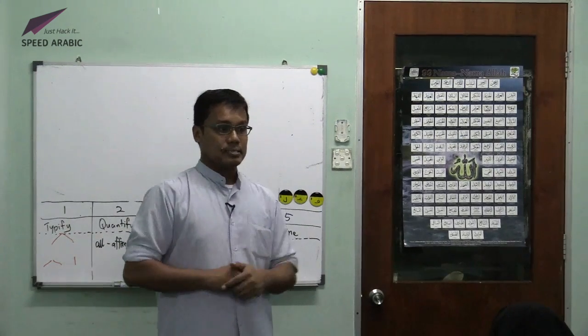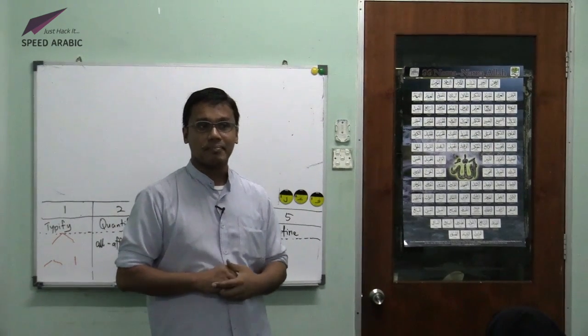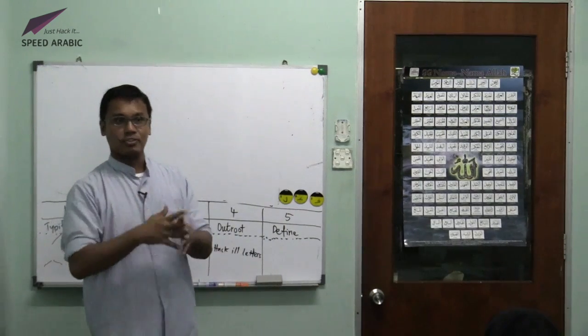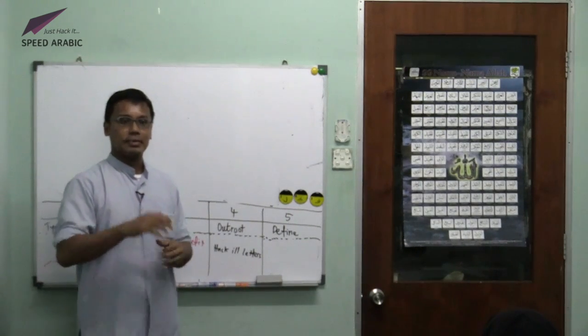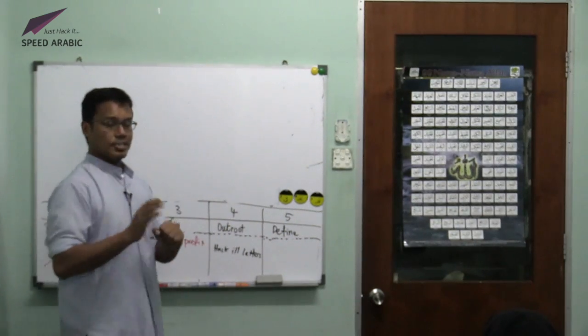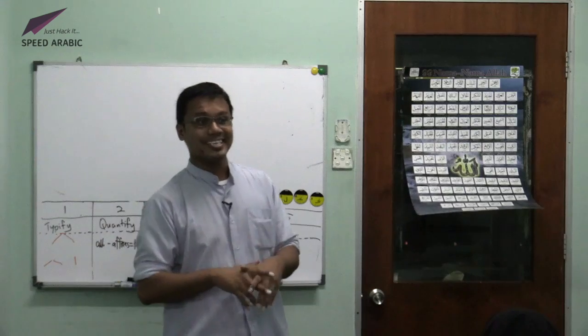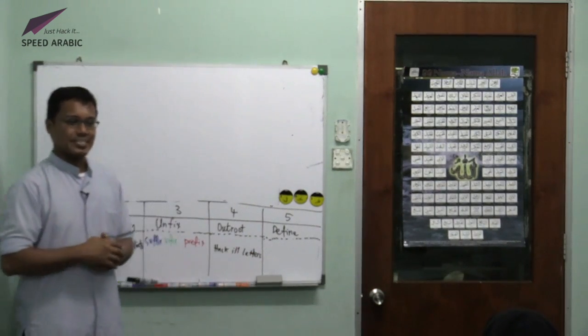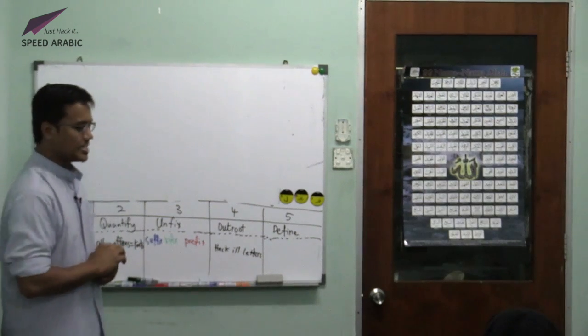I couldn't do that in the past, even when I finished my full-time Arabic education. Now, word hacking is quite an easy skill actually. You just need a step-by-step facilitation.